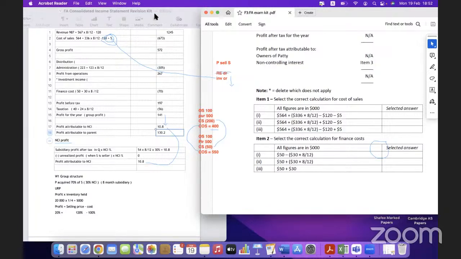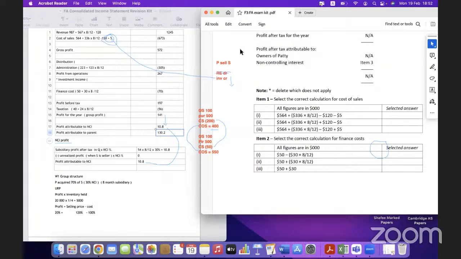NA means not applicable. That means they are not asking you to calculate that one. Like maybe in this paper, gross profit, no need to calculate. So though I calculated here, in your exam, they are telling NA. NA means not applicable. So you don't have to calculate that part. Right.